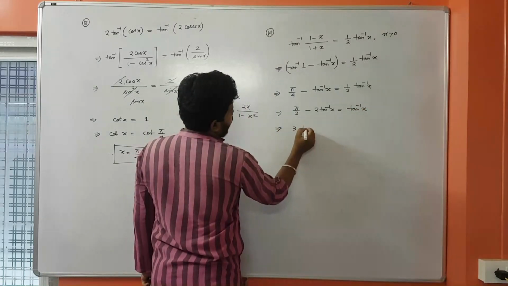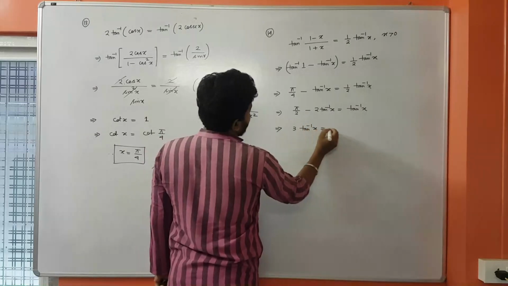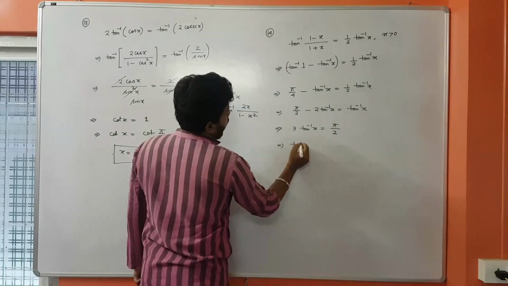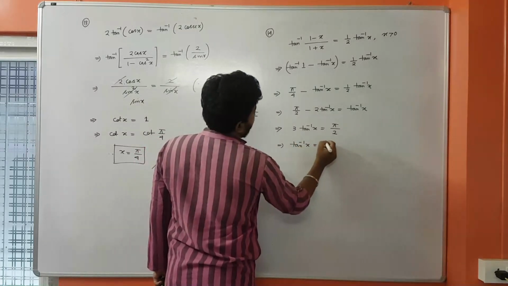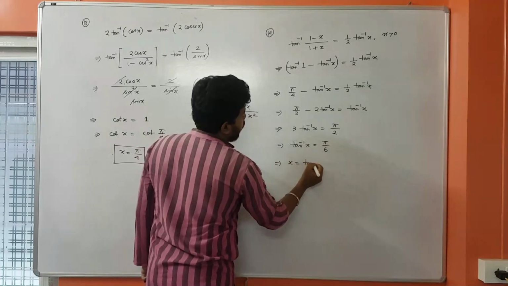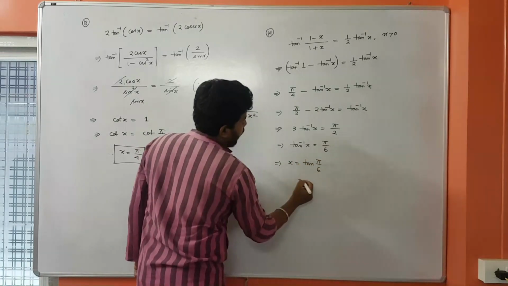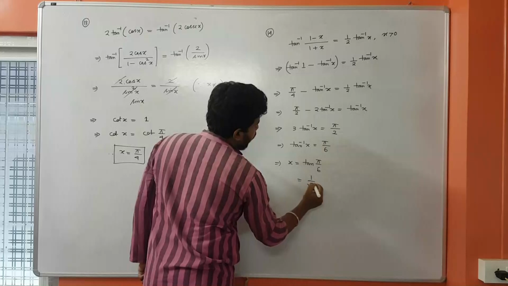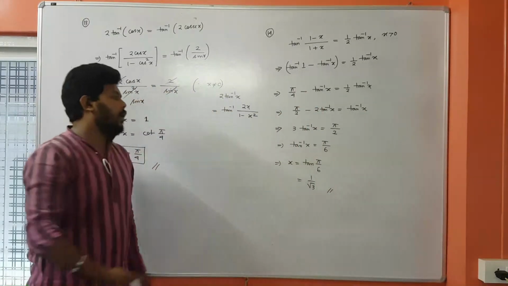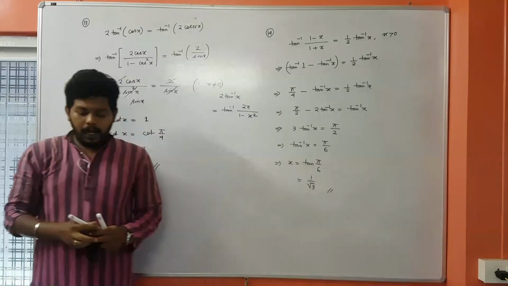After calculation, you will get thrice tan inverse of x is equal to pi by 2. Tan inverse of x is equal to pi by 6, that is x equal to tan pi by 6. Tan pi by 6 is 1 by root 3, which is positive. This is my required solution.